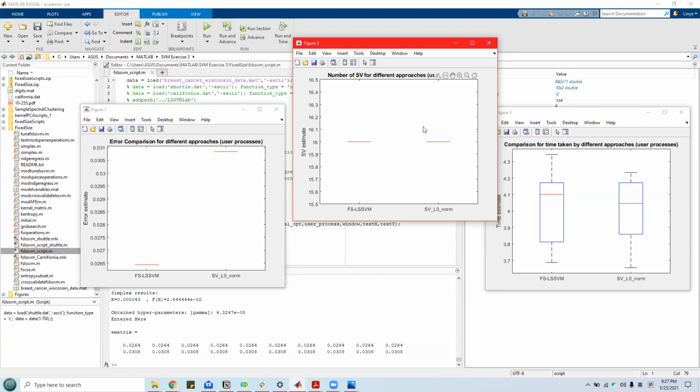I ran 4 times and the mean is always the same, but for the SV L0 norm you have an outlier that is lower. That's what I got, but I think it really depends on the data set.